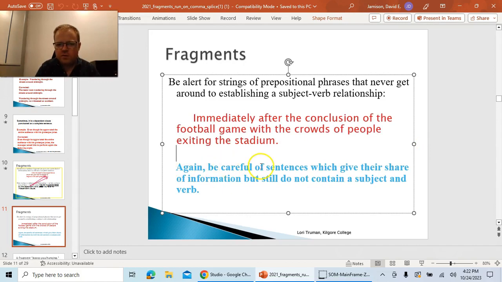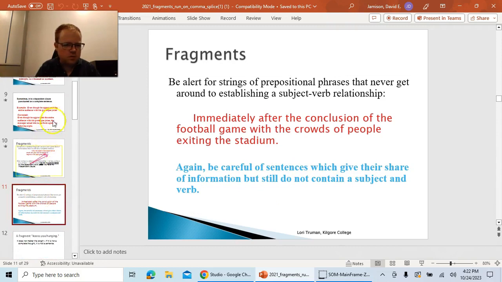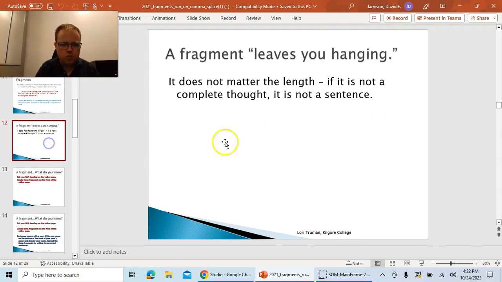Again, be careful of sentences that give their share of information but still do not contain a subject and verb. A fragment leaves you hanging. It does not matter the length. If it is not a complete thought, it is not a sentence.